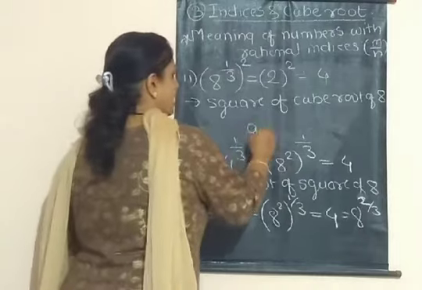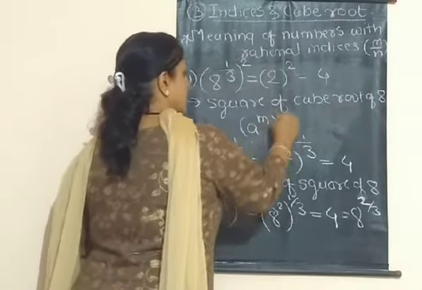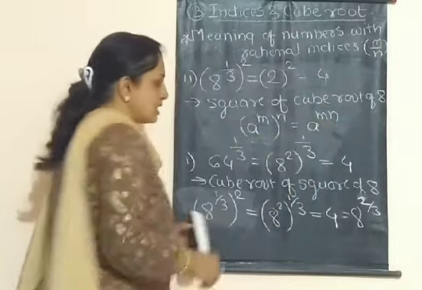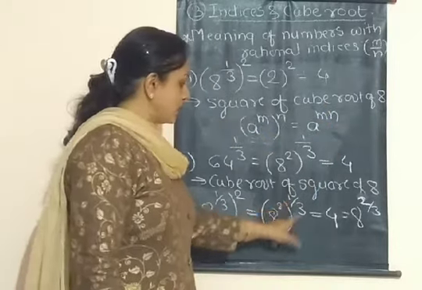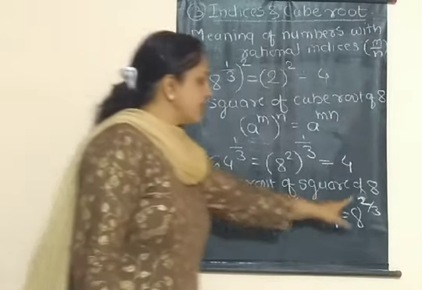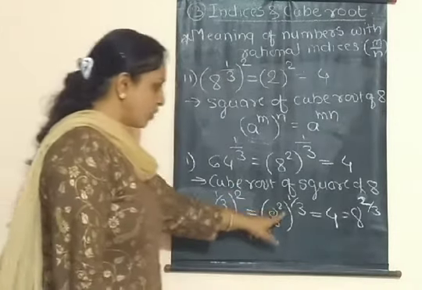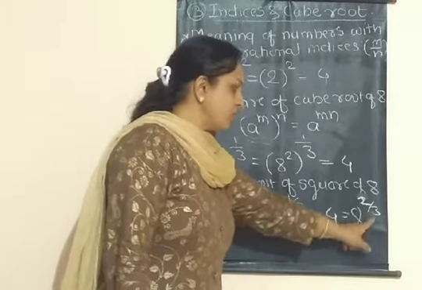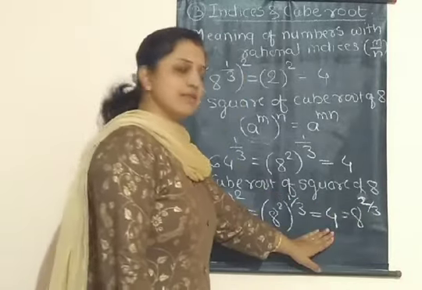Okay, 8 raised to 2/3 by using this law. What is that law? A raised to m raised to n is equal to a raised to mn. So by using this law, we can take the product of these two numbers, and then we also get 8 raised to 2/3, and the answer is also the same.